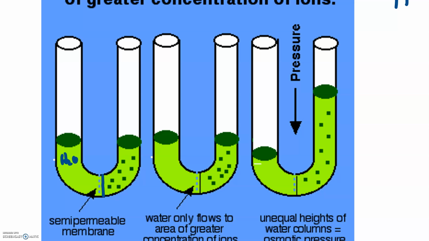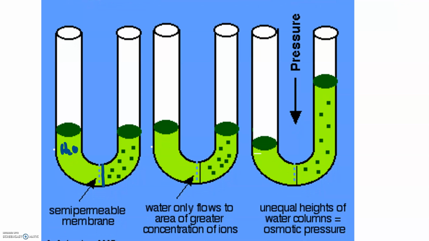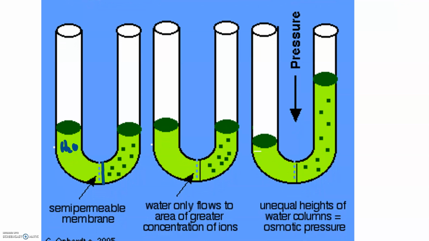And water has this osmotic tendency to want to flow to areas of a greater concentration of ions to equilibrate the concentration. That means that if there is no solute particles on this side and a bunch of them on this side, water has a tendency to want to equilibrate the concentration. That means water is going to want to osmotically flow towards the area of high concentration from low concentration.